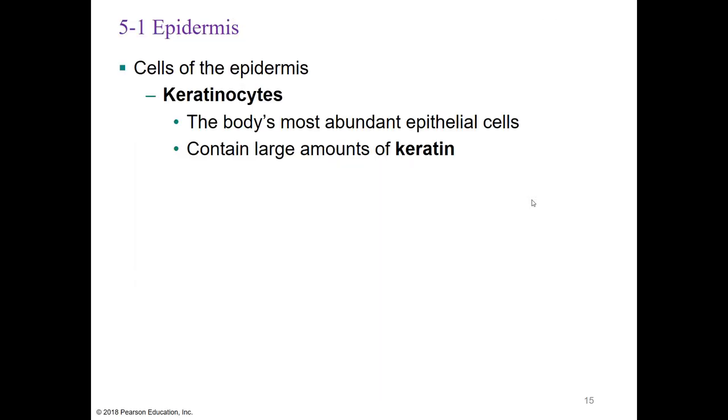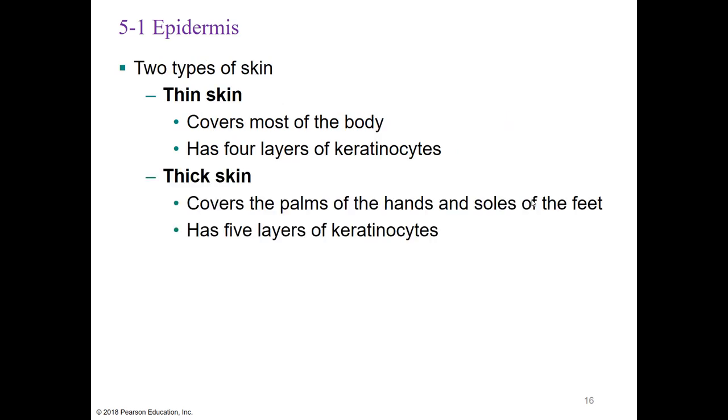So the cells of the epidermis are called keratinocytes. These are skin cells that are filled with keratin, and keratin again is a water resistant protein. It's very tough, very fibrous, which we definitely would like our skin to be. And our skin in the epidermis can come in two variations. We have thin skin, which is what we find on most areas of the body.